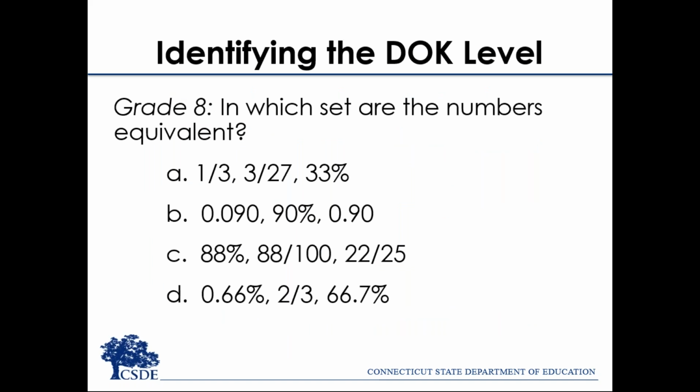Now that you have had some experience with taking a look at what the different DOK levels are, we are going to take a look at a couple of examples to see if you can identify the DOK level being assessed. Very often, we get into the habit of thinking multiple choice must be a DOK Level 1, and a word problem must be a DOK Level 3 or 4.